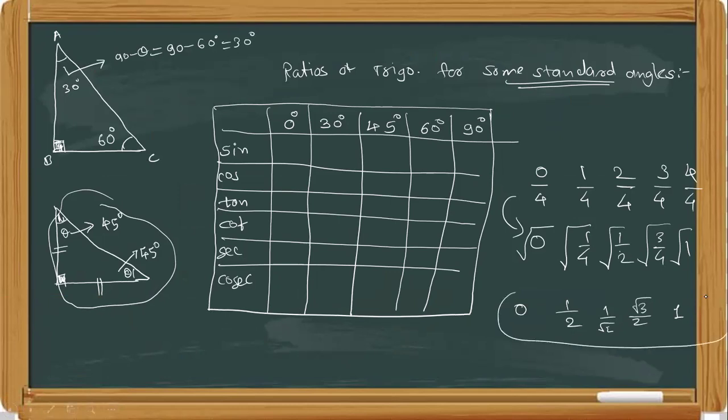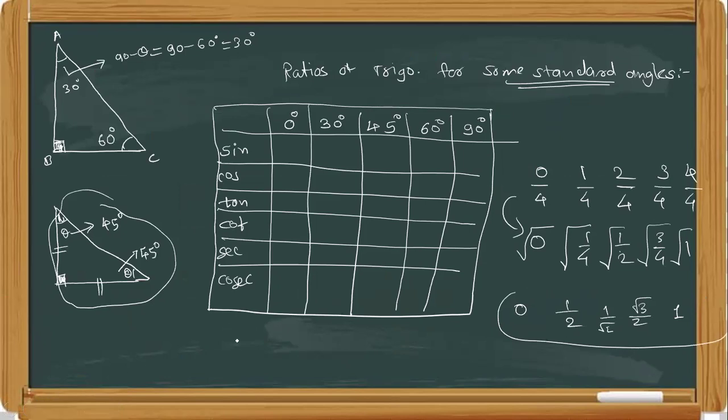Okay. So these are the values obtained after dividing numbers from 0 to 4 by 4 and by taking square roots. Okay. Now write these numbers as they are here in the first row. 0, 1 by 2, 1 upon root 2, root 3 upon 2, and 1.